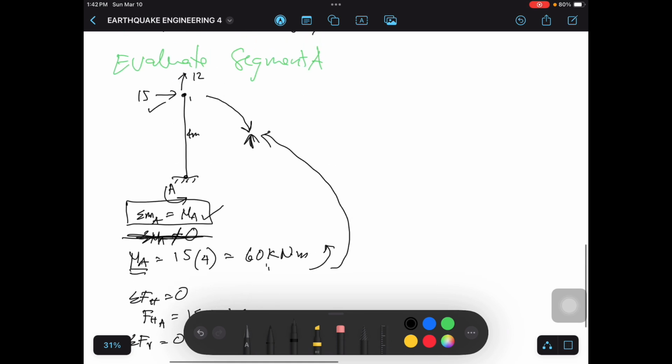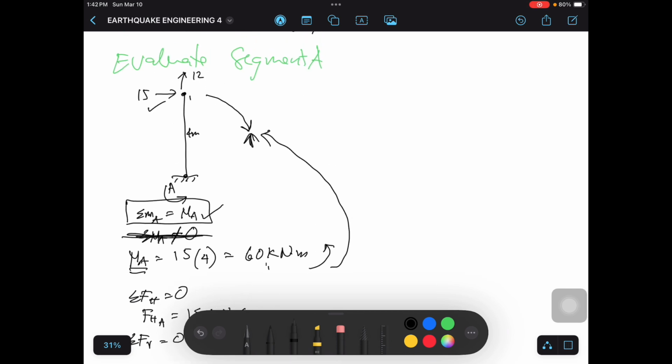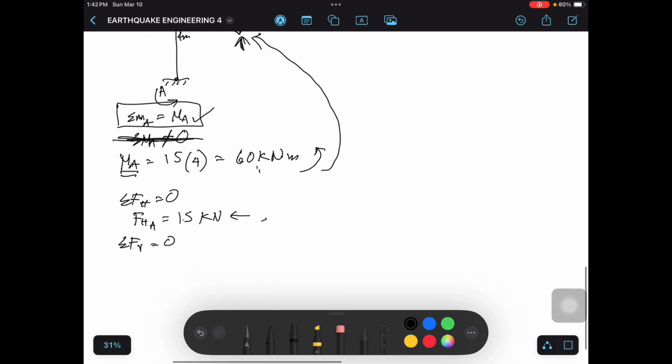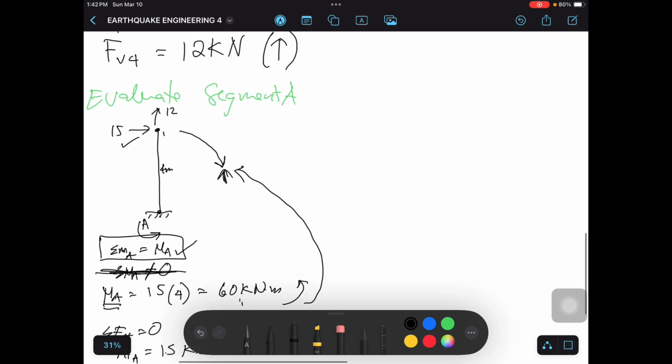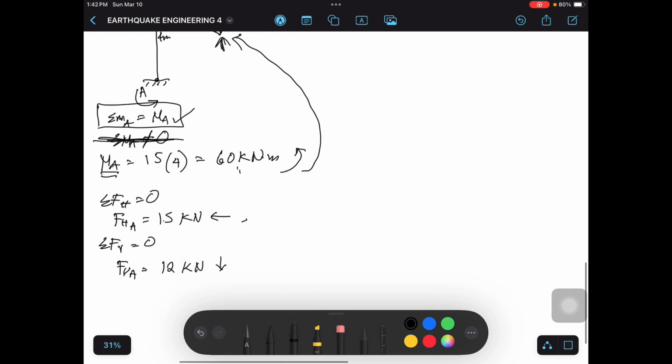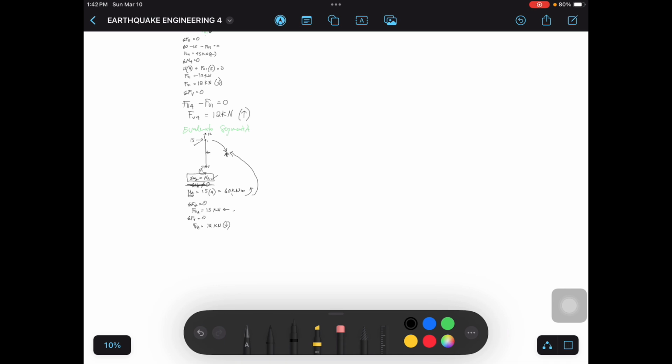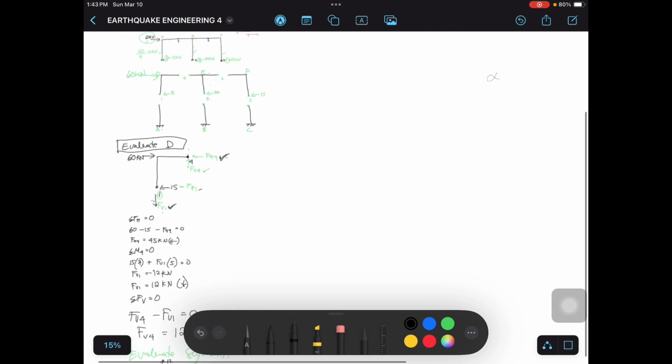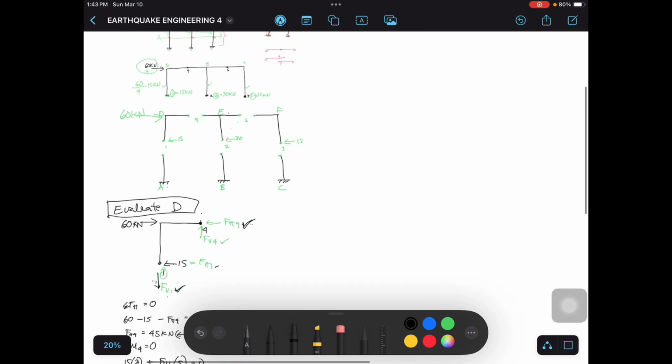Summation of forces along V, isa lang din ang vertical force. It's just 12 na upward. So, yung vertical sa A is 12 kilonewton, counteracting yung upward, so downward siya dyan. Just remember, supports are there to counteract yung mga loads. Natapos na natin si segment A.